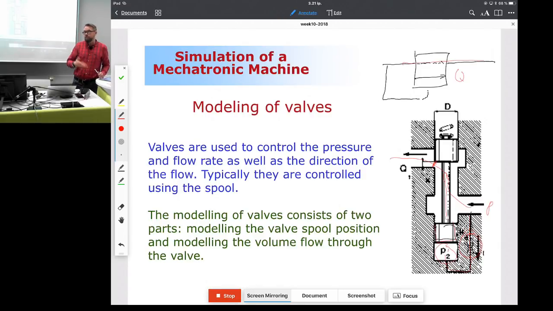Based on multi-body system dynamics, we could write the equation of motion and estimate the spool position from it. This is going to be very difficult, and we're not going to follow that. We're going to cut corners a little bit and make a simple estimation of the spool position.